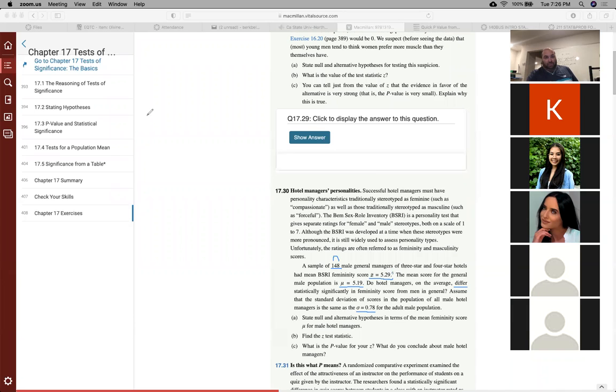A, state the null and alternative hypotheses in terms of the mean femininity score mu for male hotel managers. What is the null hypothesis?